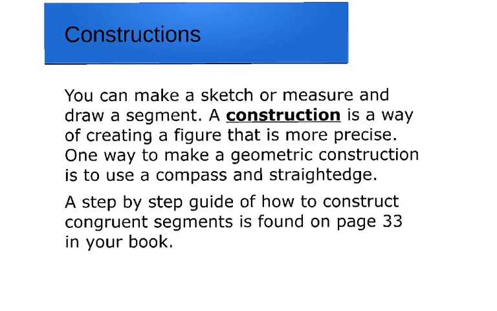If you want to draw the same segment at its exact length, a construction is a better way. A construction is a way of creating a figure that is more precise. One way to make a geometric construction is to use your compass and straight edge, and that's what your book shows you. There's a step-by-step guide of how to construct congruent segments, found on page 33 in your book.